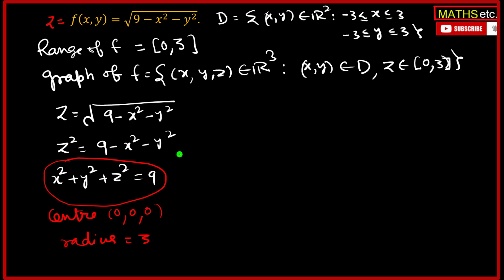So let us have some drawing lessons. We will first sketch this sphere in the three-dimensional coordinate system, and then get the sketch of the given function in the form of a hemisphere.